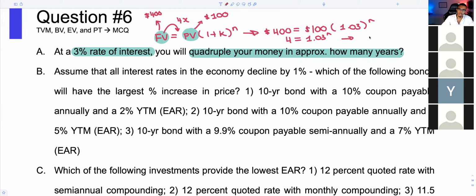You would have something like n ln 1.03 is equal to ln 4. And then n is equal to this over this. And that would give you your n. That's one way of doing it if you want to use math. Could somebody tell me what's your answer if somebody does that? Yuska says 46.89.